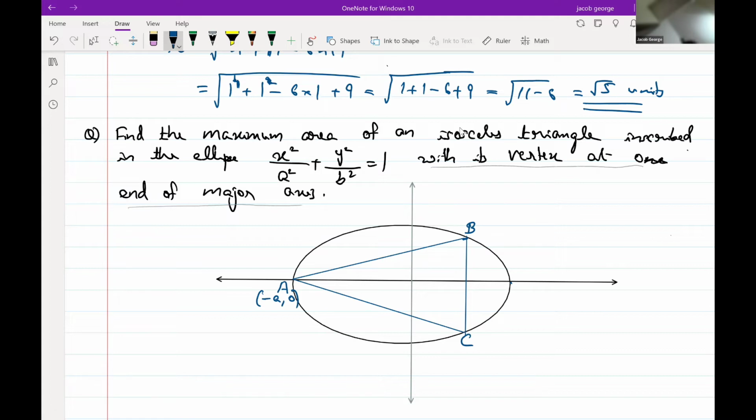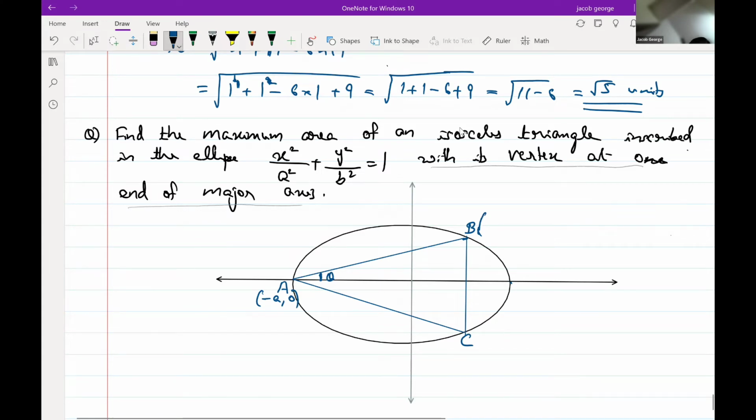Next is a very important point I'm going to explain. So here I will take this angle, the semi-vertical angle, as theta. If this angle is theta, then capital B will be, we don't have to write the detailed calculation, a cos theta, comma b sin theta.